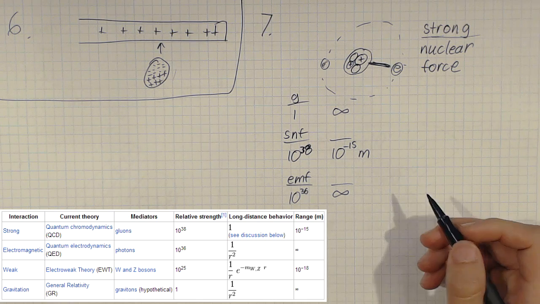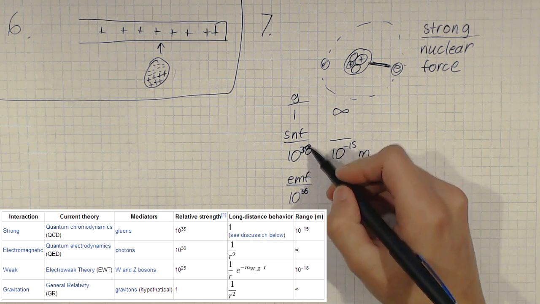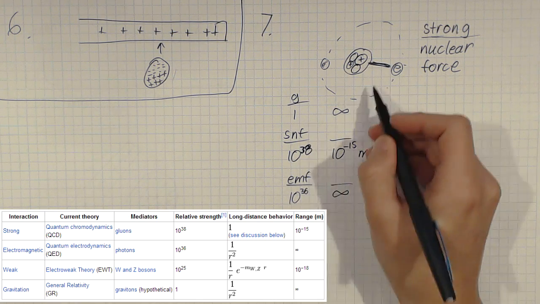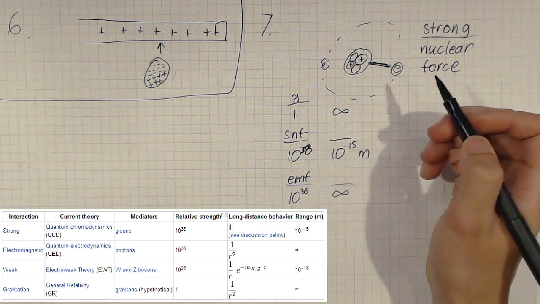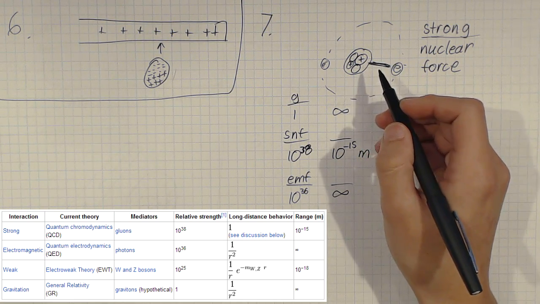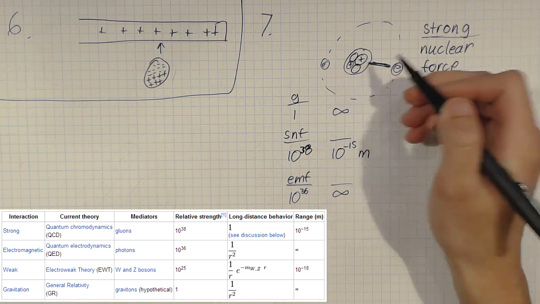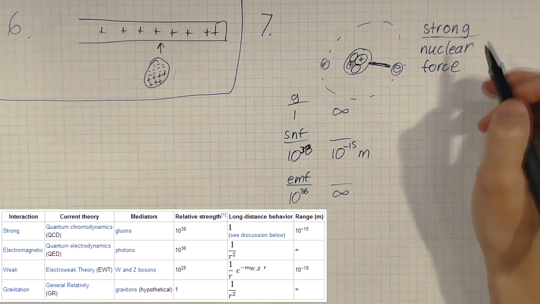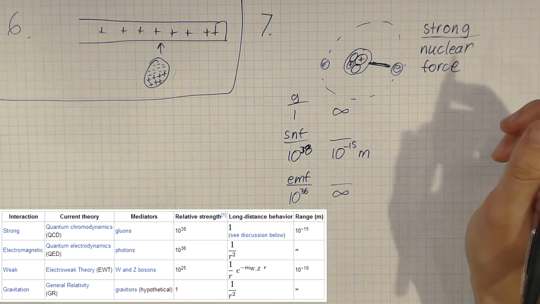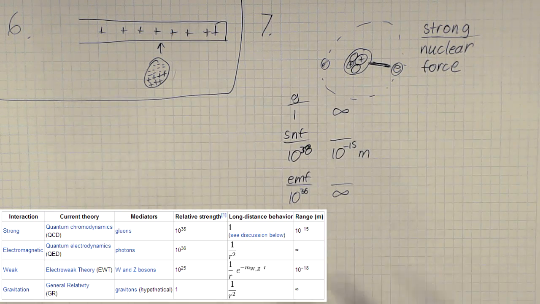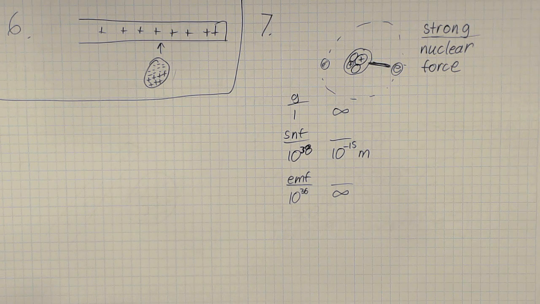So not only is this 100 times weaker than the strong nuclear force, but it's acting over a much further distance. And the reason protons aren't transferred is because protons are held together in the atom by the strong nuclear force, which is almost impossible to break apart, especially by conventional means. So there's the answer to that question.